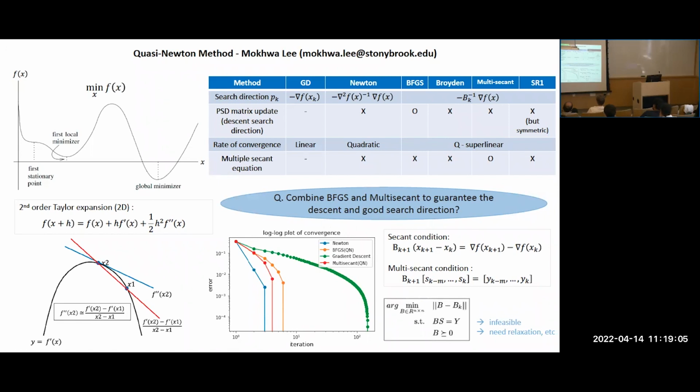And in the high dimensional problem, this is called the secant condition. Actually, the secant condition is underdetermined. That means that we have a bunch of Quasi-Newton methods, not only one. There could be various Quasi-Newton methods.